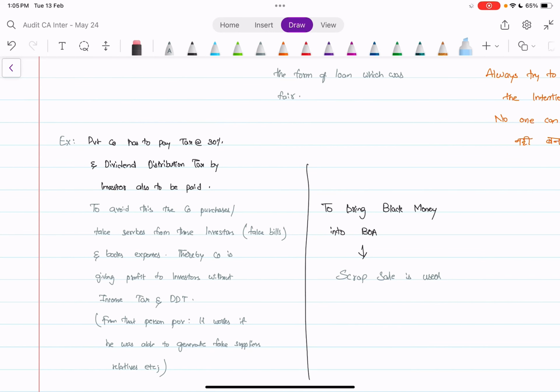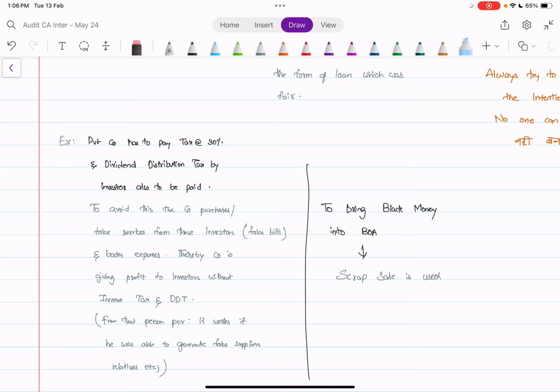Say in a private company there are very few investors, and they would not like to pay 30% of the income as taxes, so they would create fake bills and fake purchases, and the fake purchases would be from the investors themselves, so they would be taking their profits without paying any taxes.